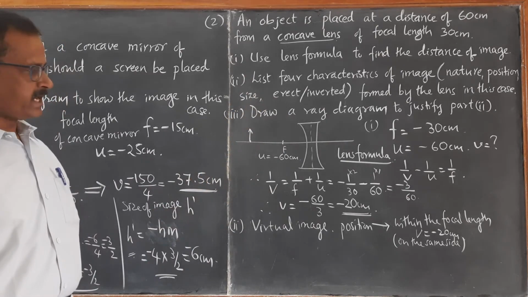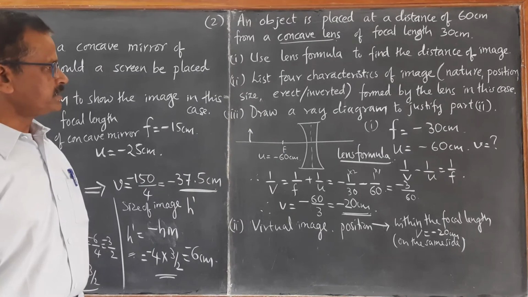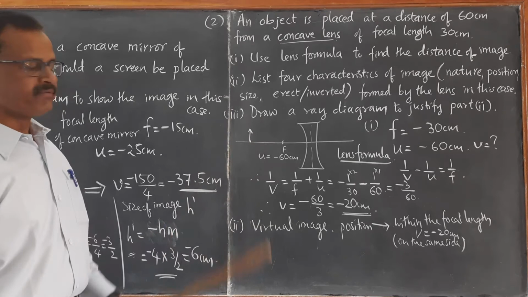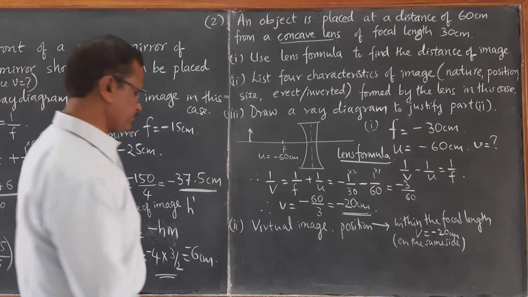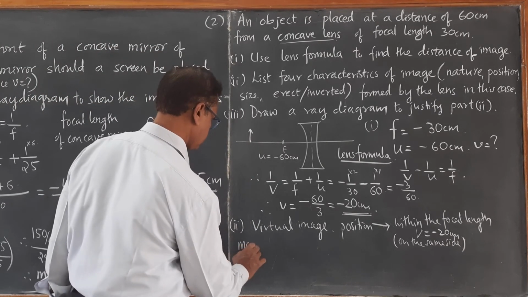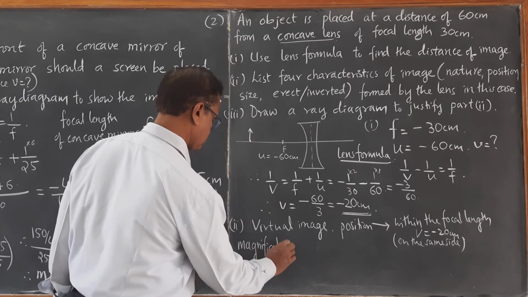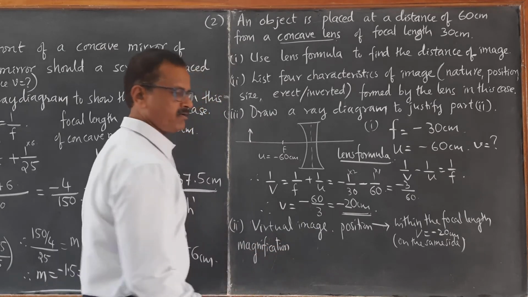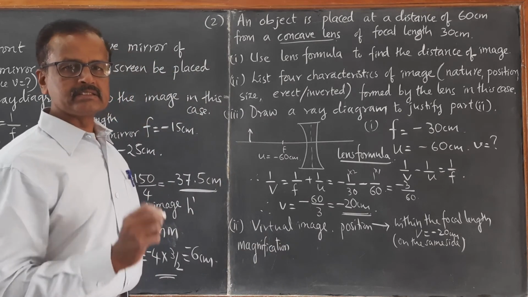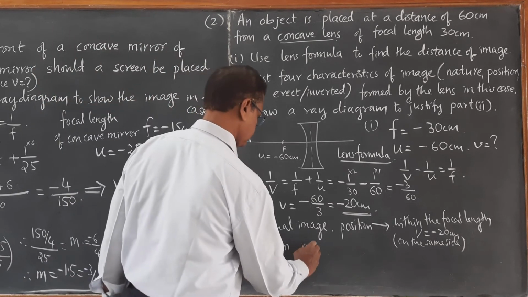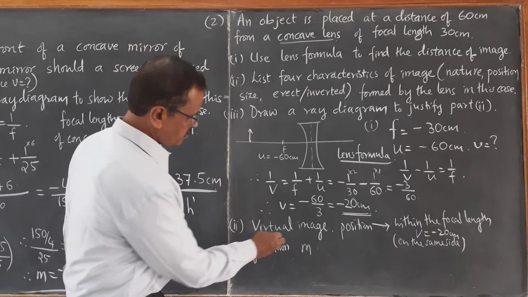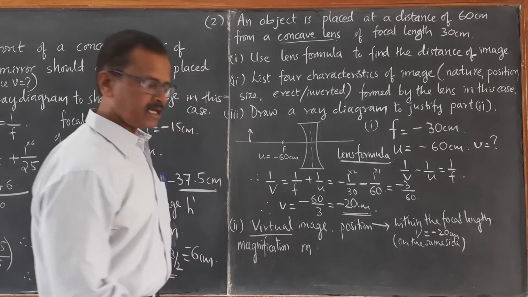Third one, size can be found out using the magnification. The magnification of a concave lens is always positive, since it is always forming a virtual image.